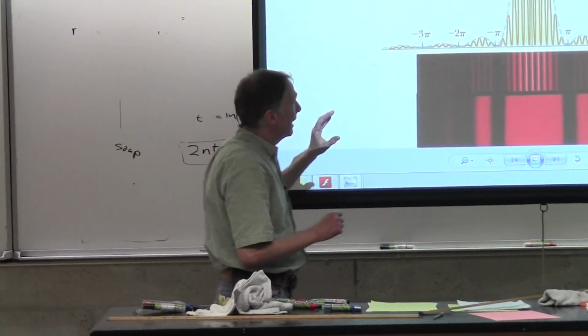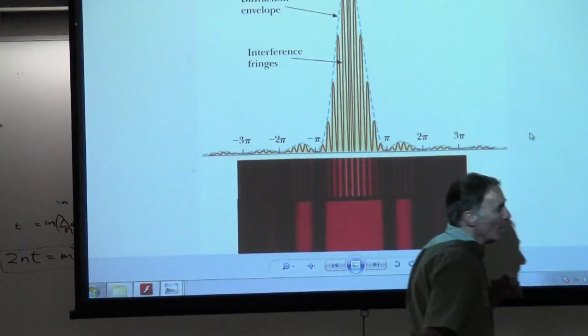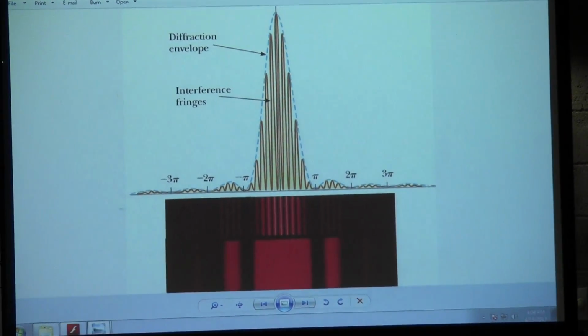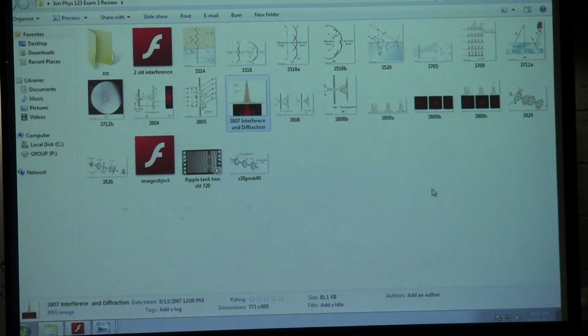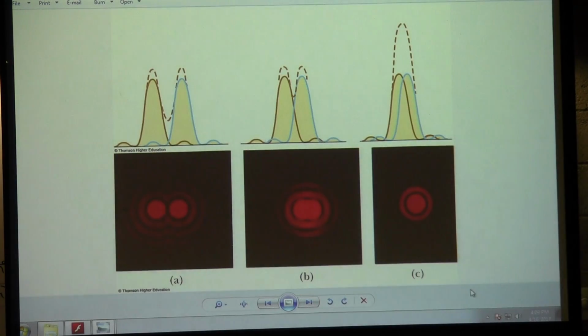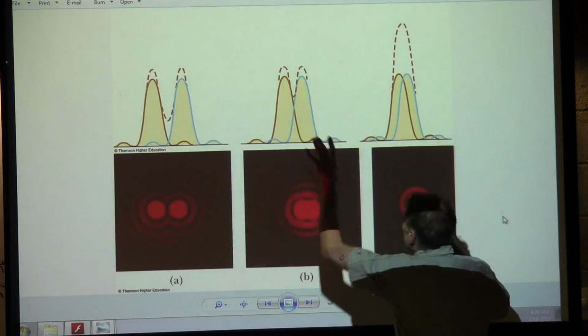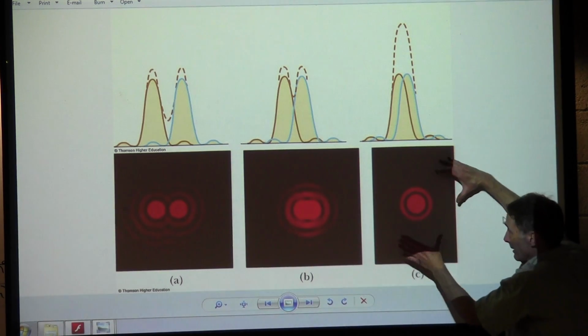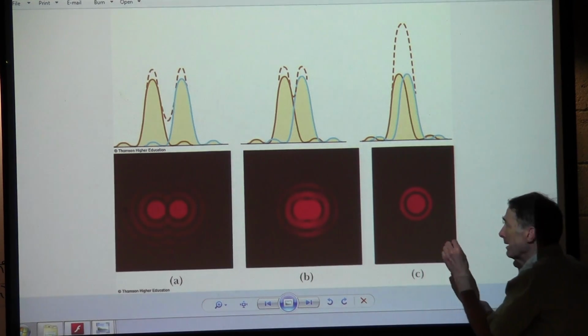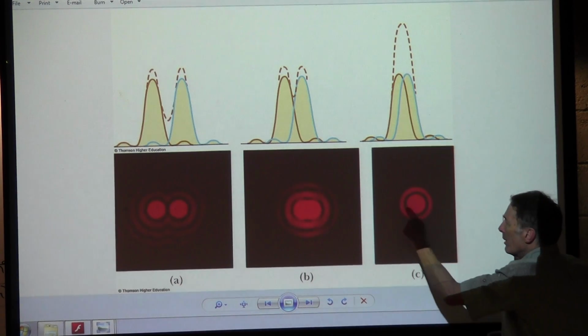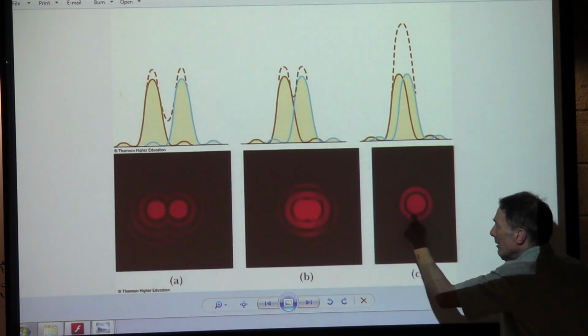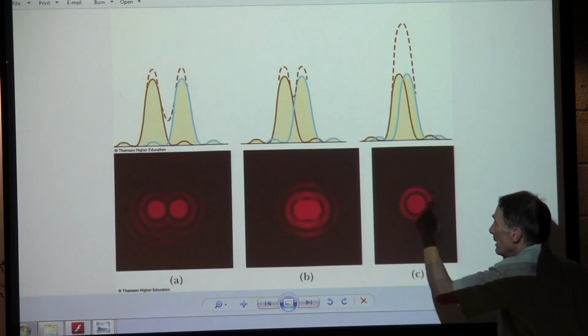Okay, now this idea of diffraction, this is kind of with a slit. We can take this idea and also explore it with the idea of a circular opening. If we shine light, let's say laser light, through not a slit but a circular opening, we're going to get a very strong diffraction minima here.